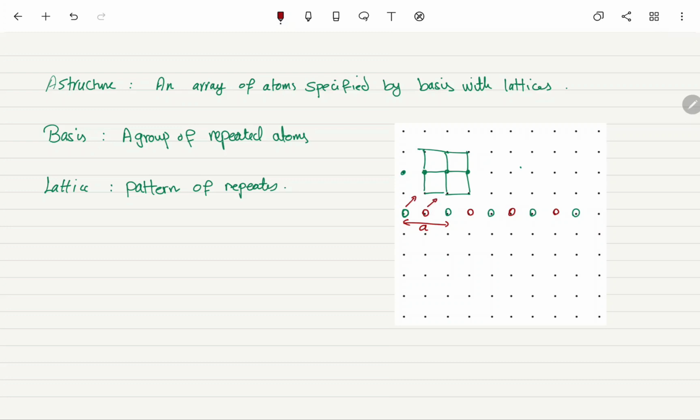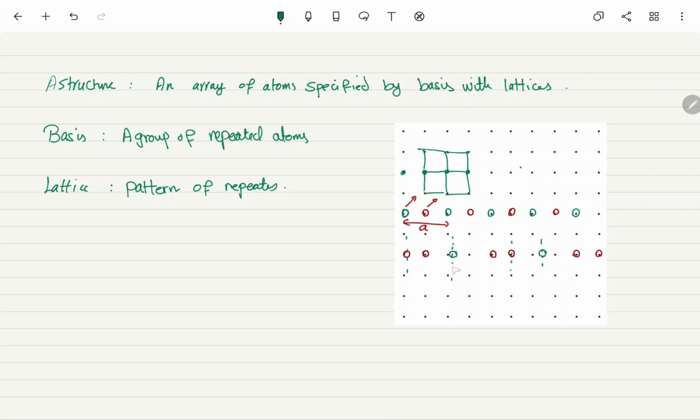Consider another one-dimensional system with a different situation, like this one here. As we notice, the structure is repeated after the green one, if we take this one, or after this one.